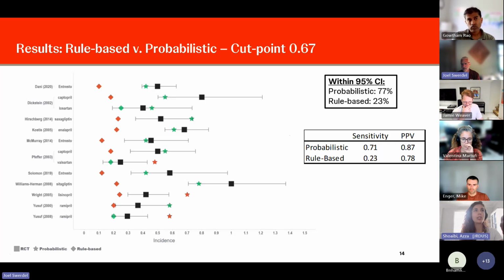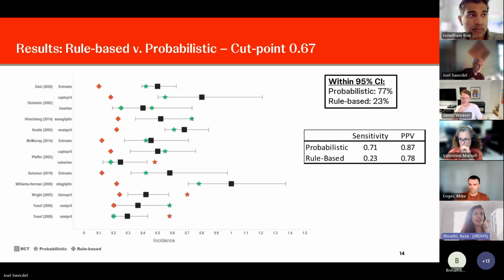Yes. Of course, you're going to get much better performance for the probabilistic, because it should almost be perfect, since the truth is the probabilistic and you're comparing to the truth, but you're showing the 0.67. So that's the best you can get.